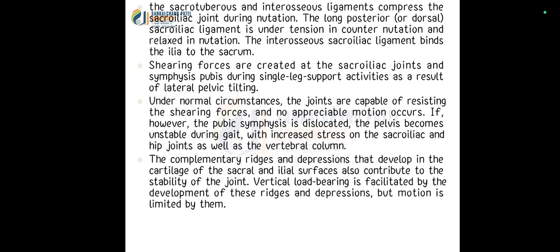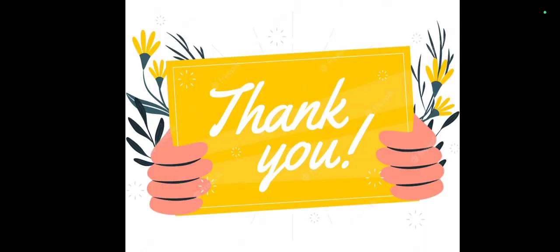The complementary ridges and depressions that develop in the cartilage of the sacral and iliac surfaces also contribute to the stability of the joint. Vertical load bearing is facilitated by the development of these ridges and depressions, but motion is limited by them. Thank you.